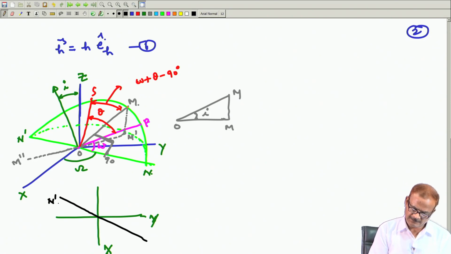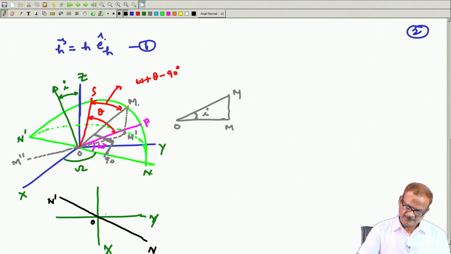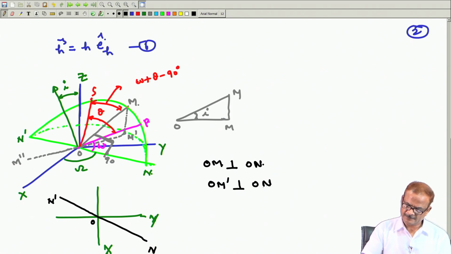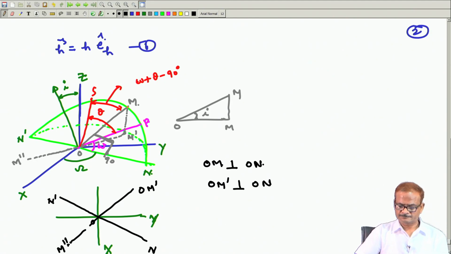So, this is your n prime and here it is n and this point is O. So, here O m prime, it is perpendicular to the line O n, and also O m prime, this will be perpendicular to O n. So, here we will have O m prime and on this side we will have here m double prime. Okay, so, this is the construct.